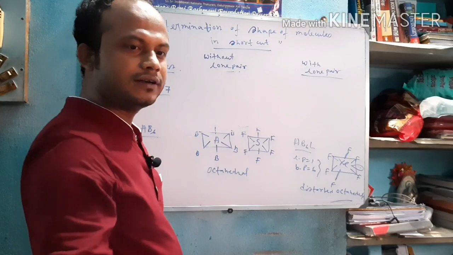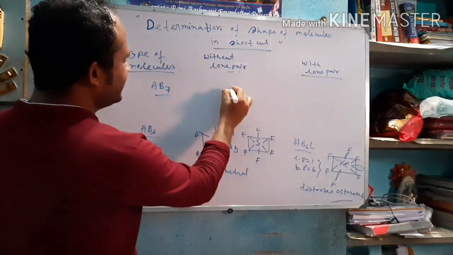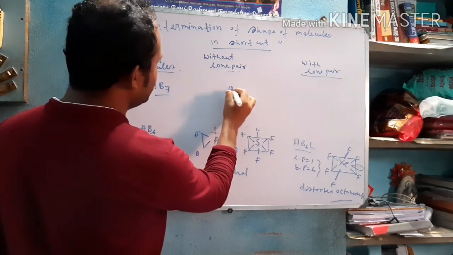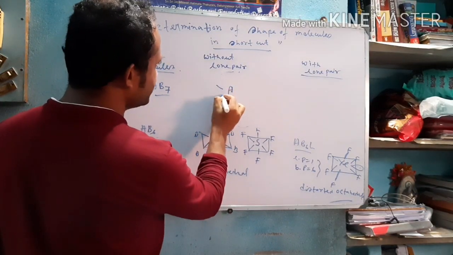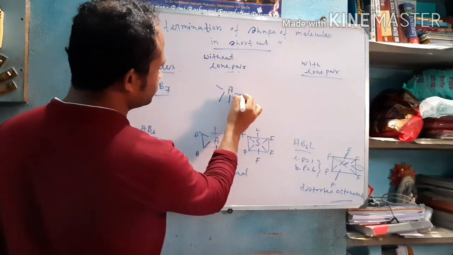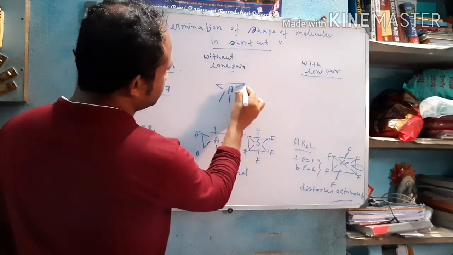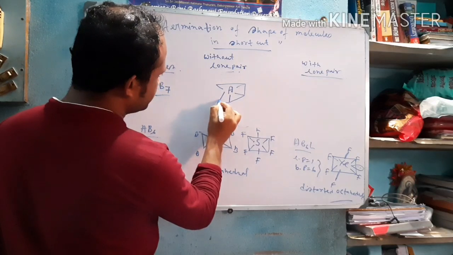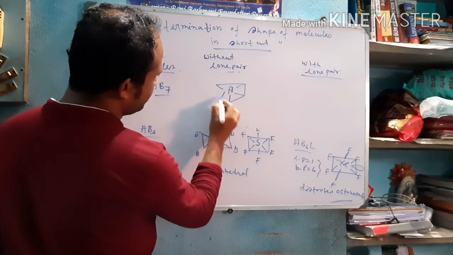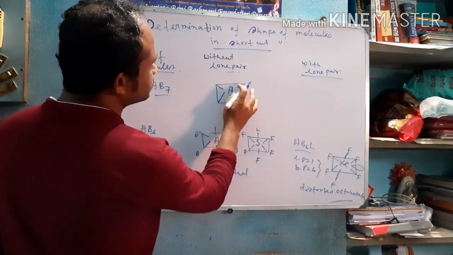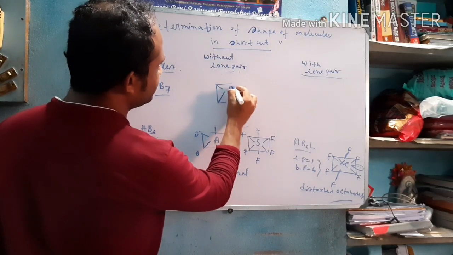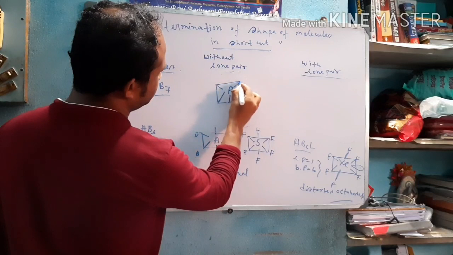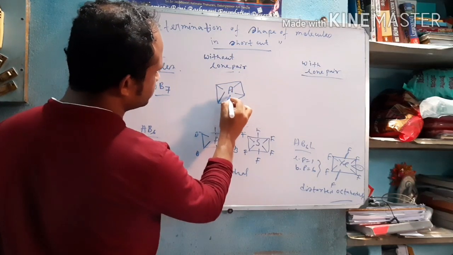This is the last. Here A is the central atom and B is the 7 B atoms surrounded each. 4 B atoms at the same plane, 5, like this.